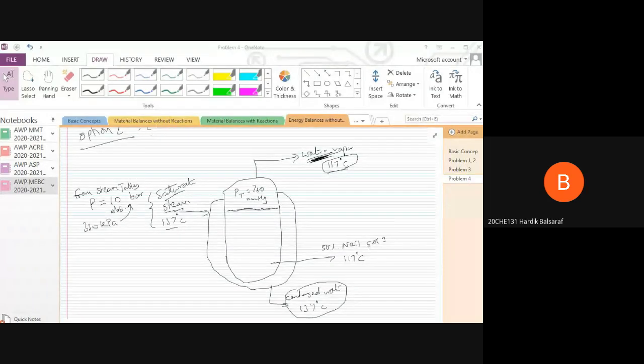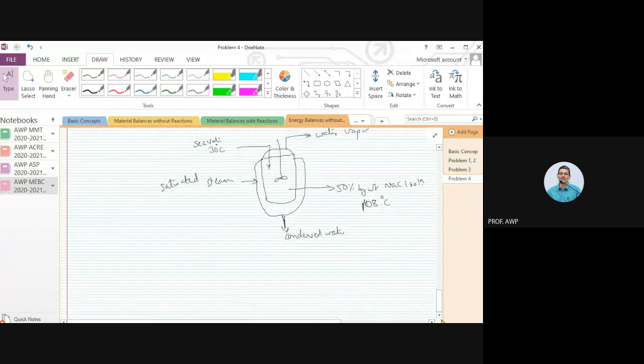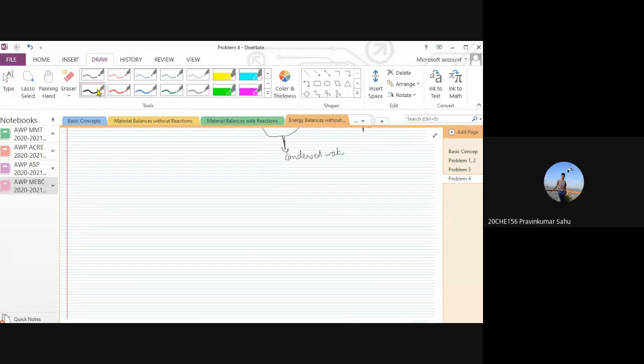So the temperature will decrease. Sir, can't we keep it constant? How can we? Steam table, Gibbs phase rule. Do you remember Gibbs phase rule? Sir, not by the name, but I know what happens. This is where we started that steam table discussion.